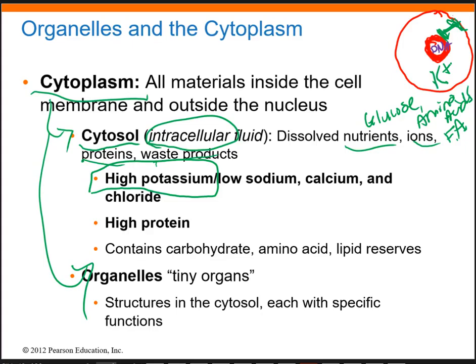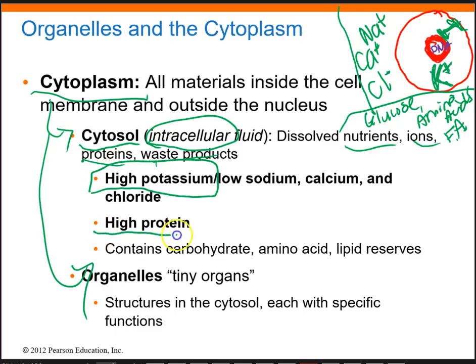And then the others are opposite. There's less sodium, so there's more sodium out here, less calcium. That means there's more calcium outside, and chloride. This is what the general cell looks like up here. More potassium inside, more of everything else outside.